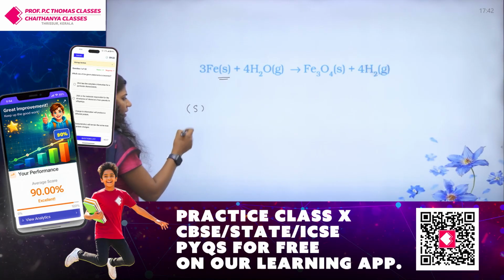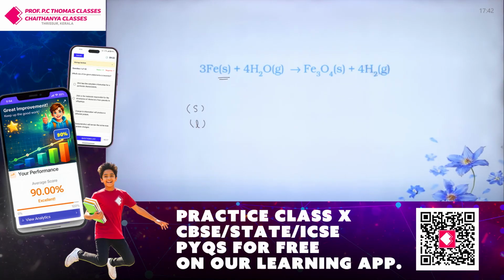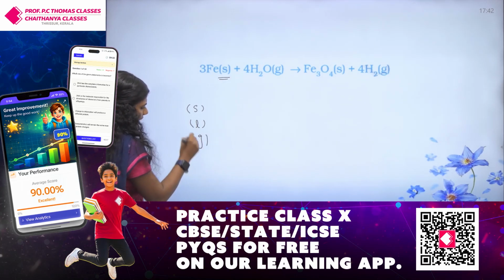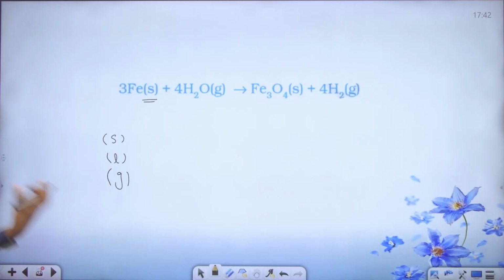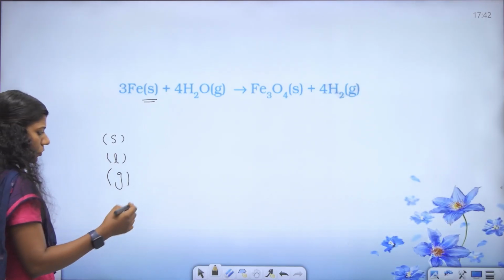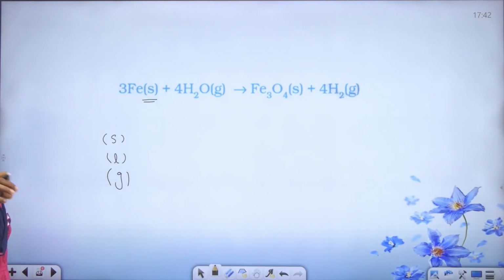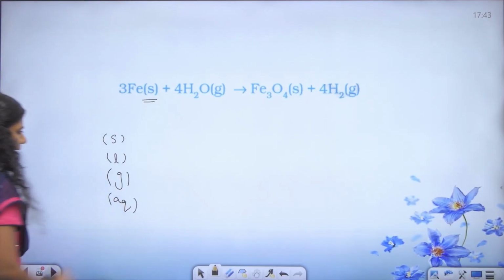If the substance is liquid, we write L in bracket. If the substance is gas, we write G in bracket. And if the substance is dissolved in water, that solution is an aqueous solution, and we write AQ in bracket.